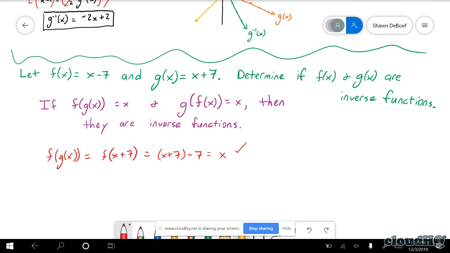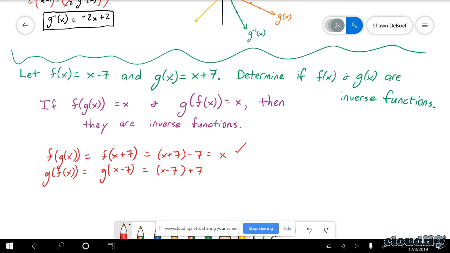I don't just need to see that f undoes g. I need to see that g undoes f. So now plug f of x into the g. f of x was x minus 7, so I'm going to plug x minus 7 into the g function, into the x spot.